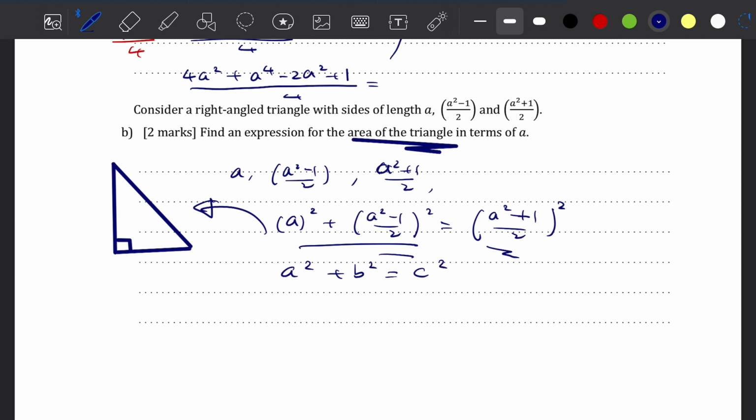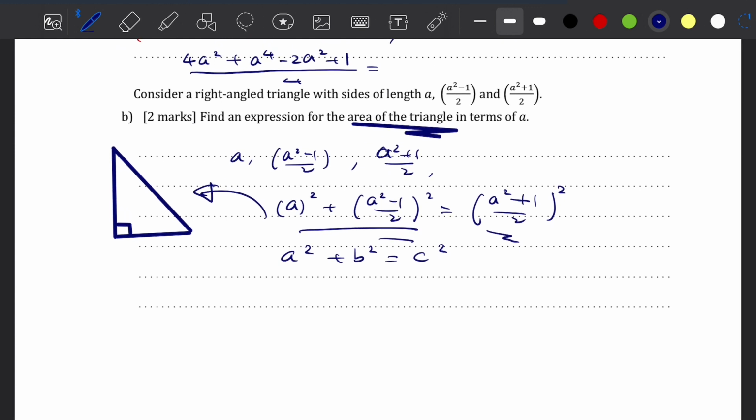So a is one of the legs, (a squared minus 1) over 2 is the other leg, and (a squared plus 1) over 2 is the hypotenuse.